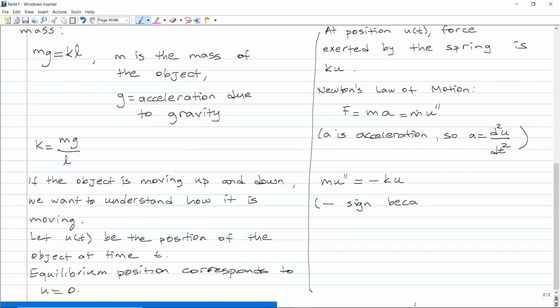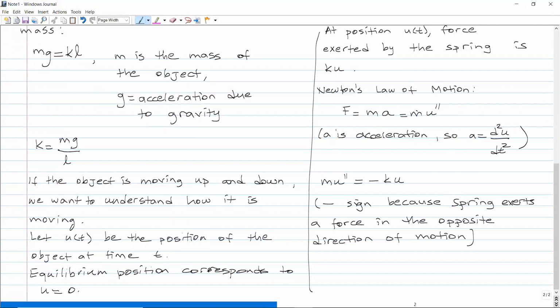Because the spring exerts a force in the opposite direction of the direction of motion. If the object is going down, the spring tries to pull it up.